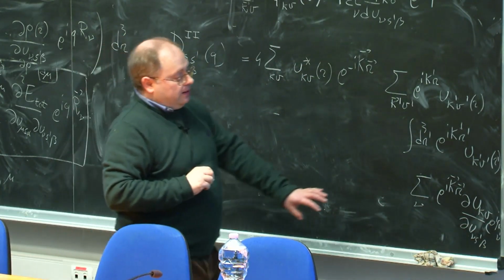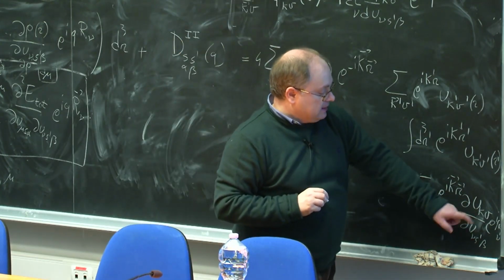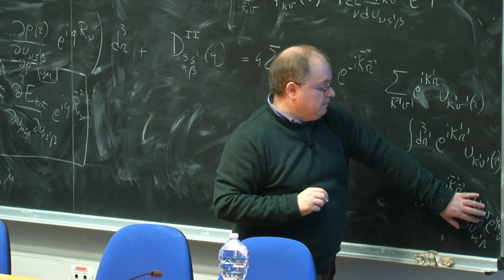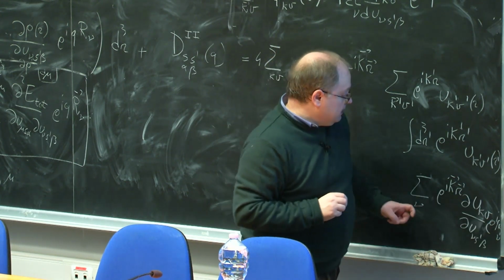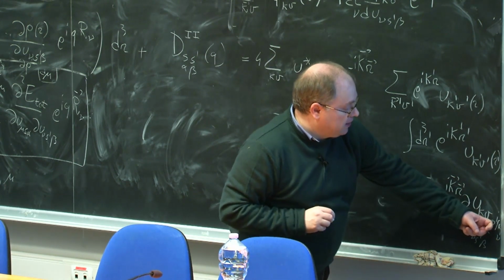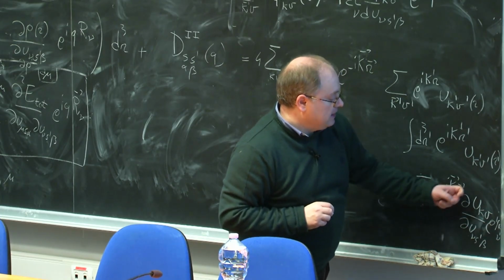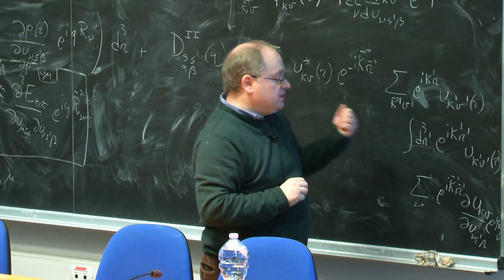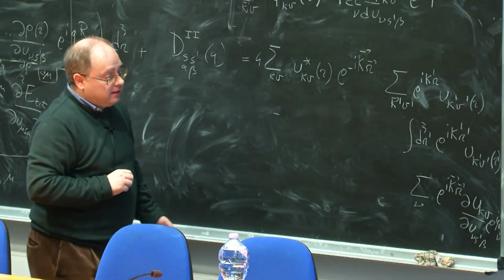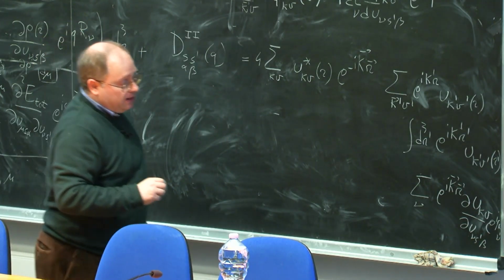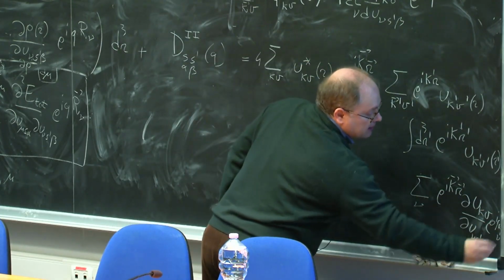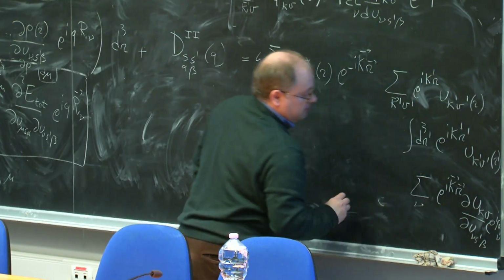And now you can reason as before. Since u kv is a periodic function, you can write this sum over nu of e to the i q r nu, this derivative, as a phase factor e to the i q r, multiplied by a periodic object, the periodic part of this sum.